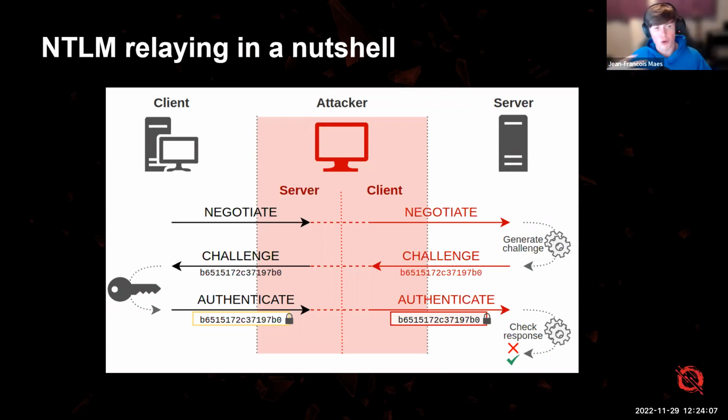We're just going to forward the challenges and responses to the appropriate party, and we're just going to piggyback on that authentication mechanism. Because we are just playing a proxy and playing a pass-through game, we of course are going to intercept the correct solution to the puzzle, and we will be able to fool people into thinking that we are the client, when in reality, of course, we are an attacker. I hope that all makes sense.